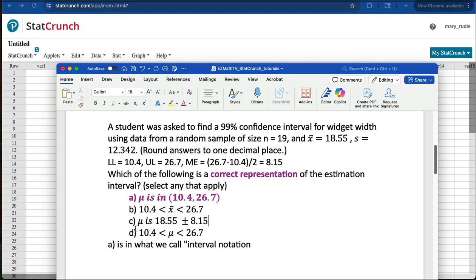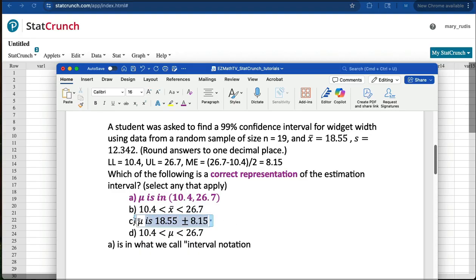When we go to C, statement C says mu is 18.55 plus or minus 8.15. If you recall, 8.15 is our calculated margin of error, and 18.55 was our point estimate x bar.